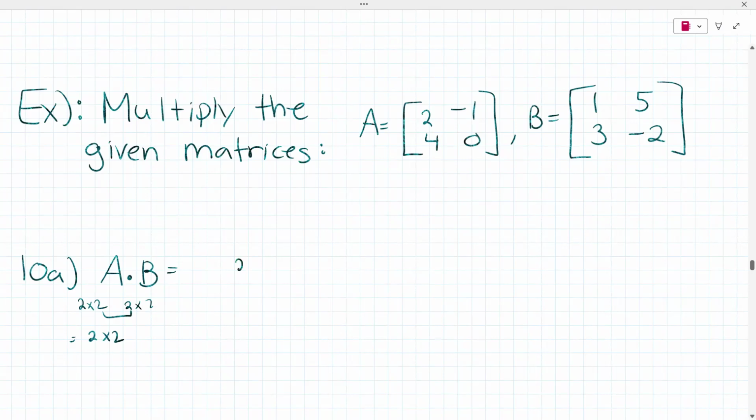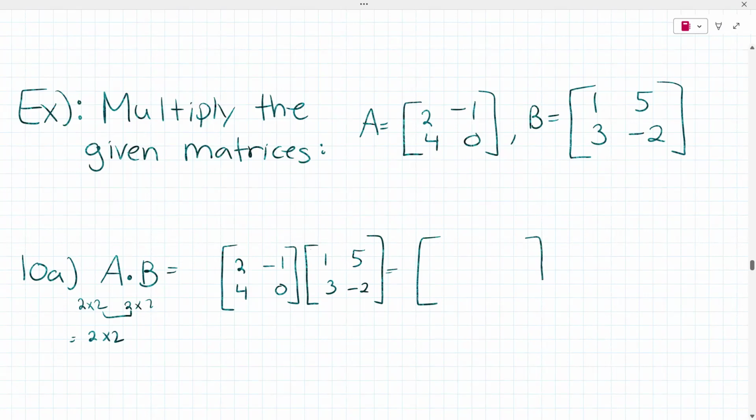Matrix A is 2, -1, 4, 0. Matrix B is 1, 3, 5, and -2. So it's going to be a 2 by 2. And what number will this be? So it's basically this row times this column.